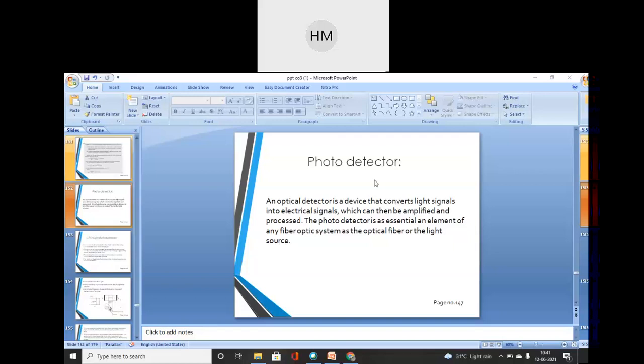Due to attenuation, sometimes the signal is unable to reach the receiver side properly. So for that, we connect some repeaters and amplifiers in between the optical fiber length so that the efficiency will increase at the receiver side.